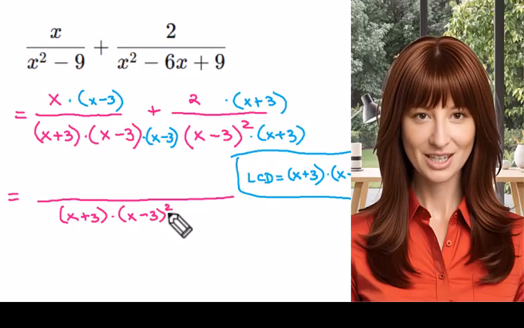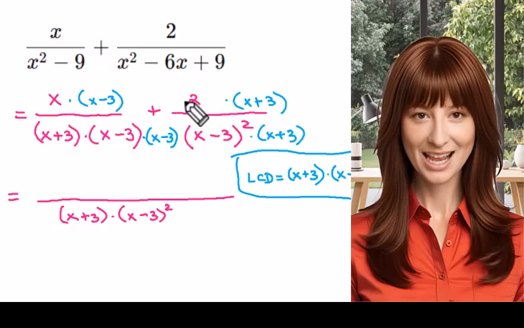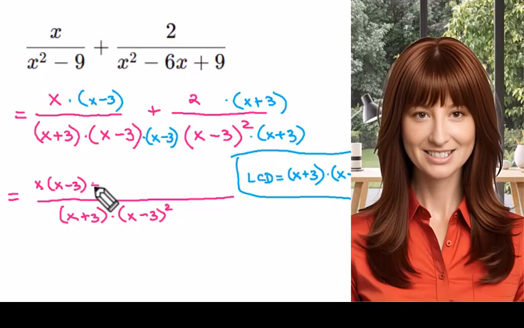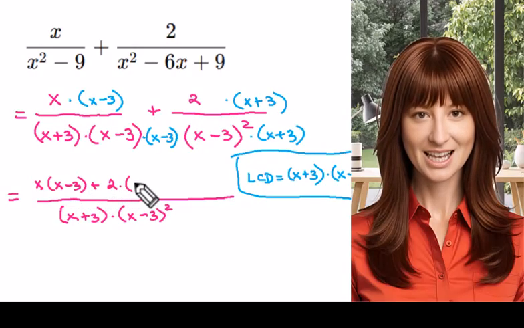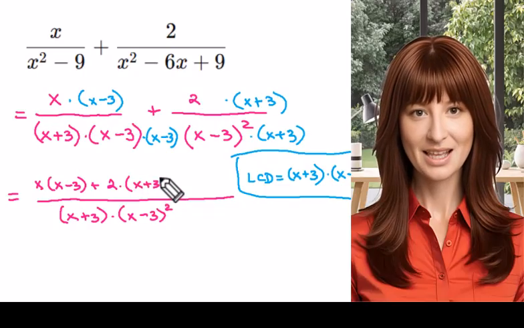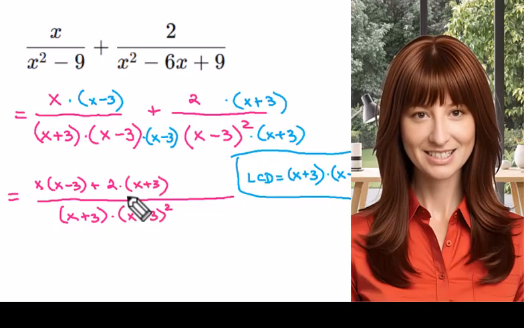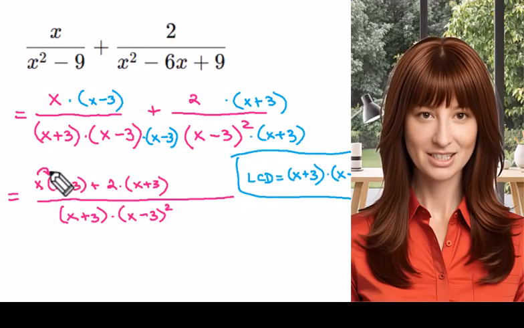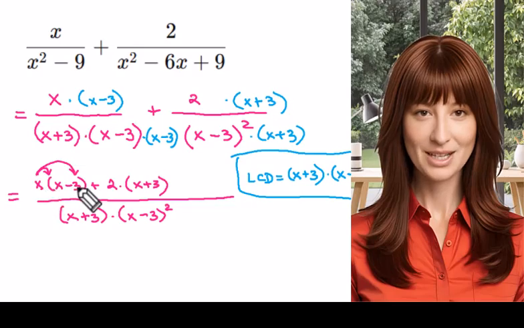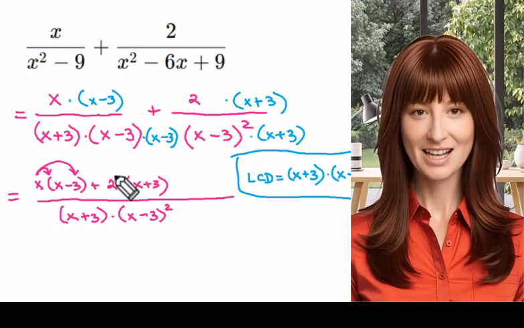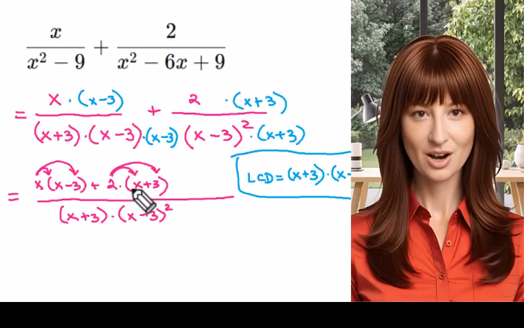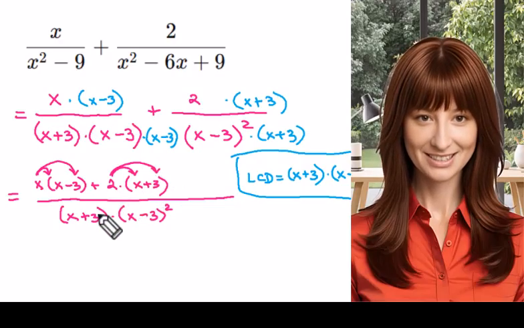And for the numerator, we are going to add these two numerators together. So x times x minus 3 plus 2 times x plus 3. Now, we need to apply the distributive property and then combine the like terms. So we're going to distribute x to open up the first parenthesis, and then we're going to multiply 2 with each of those terms to open up the second parenthesis.